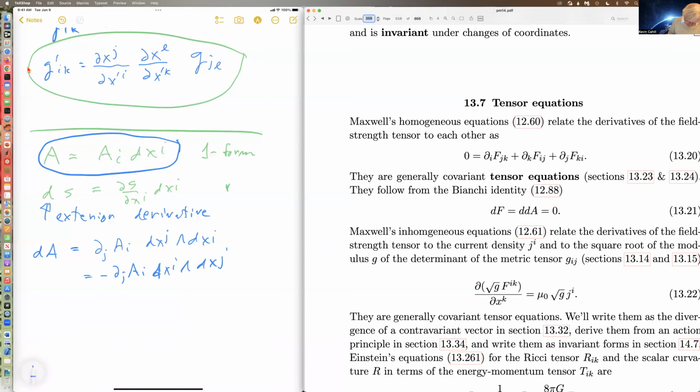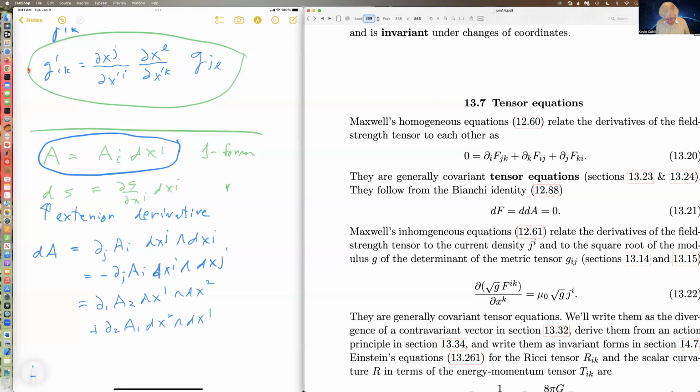And so what you see here is that you've created the Maxwell tensor. For example, one part would be partial 1 of A2, and then dx1 wedge dx2, but you'd also have partial 2 of A1 dx2 wedge dx1.